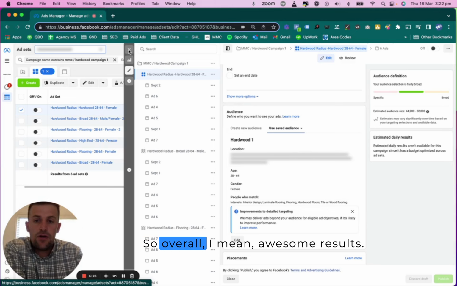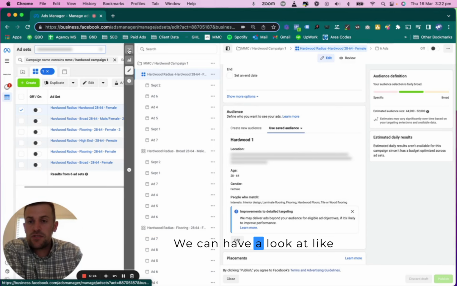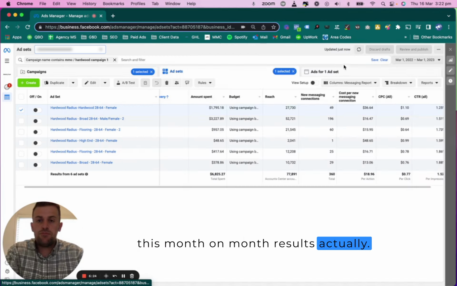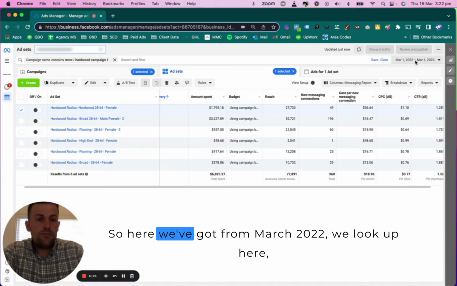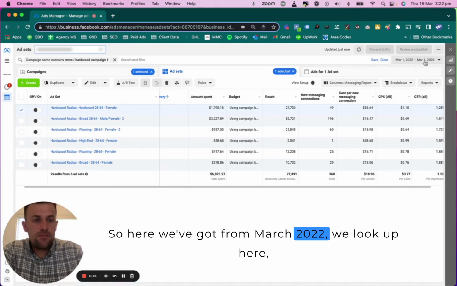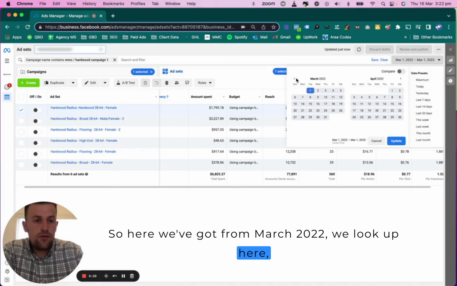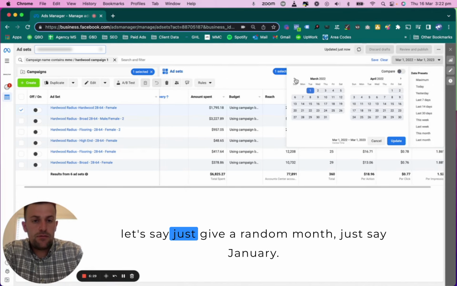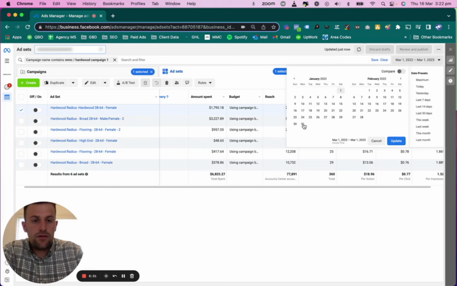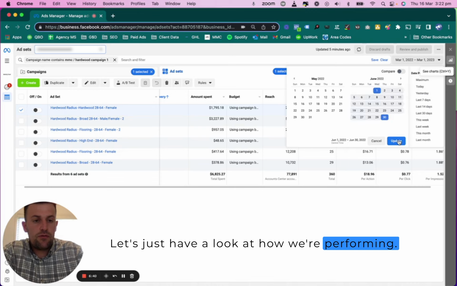So overall, awesome results. We can have a look at the month-on-month results. Here we've got from March 2022. Let's give a random month, say June 2022, and have a look at how we're performing.